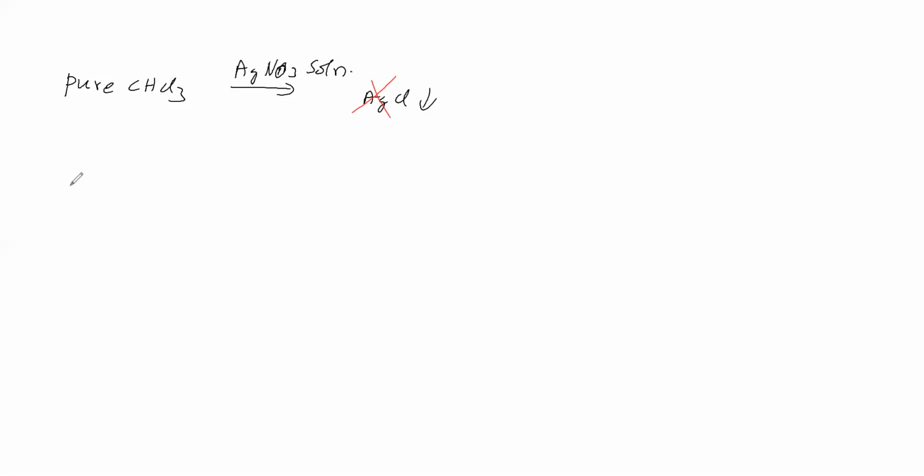In this chloroform, the C-Cl bond is covalent but not ionic. It is not ionic, therefore it is not Cl minus. That's why we are not getting AgCl precipitate. So pure chloroform is not giving AgCl precipitate with silver nitrate solution because the C-Cl bond is covalent but not ionic.